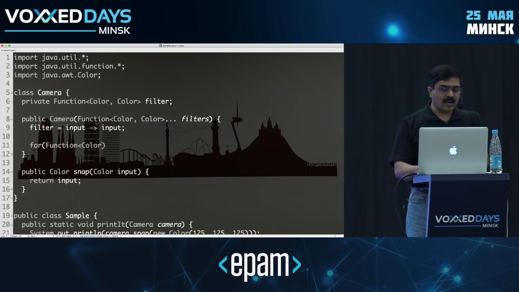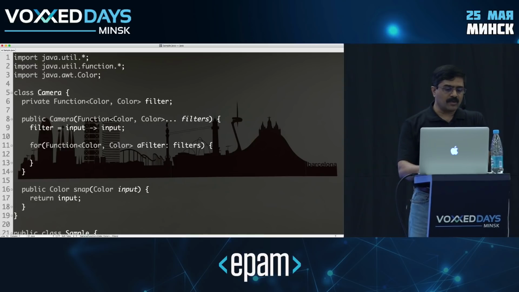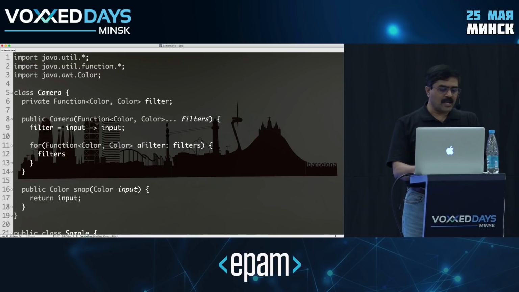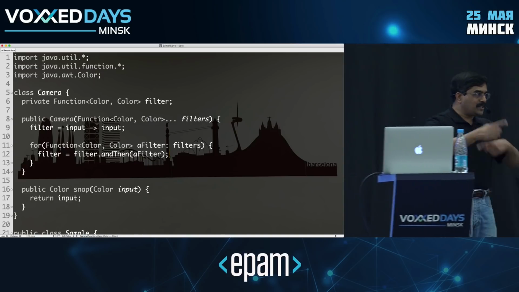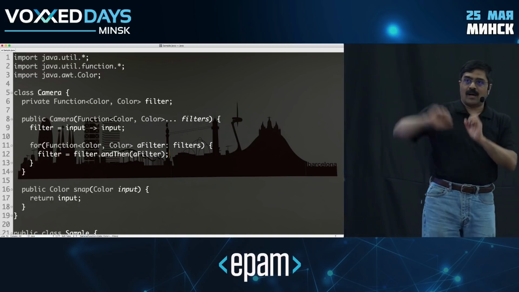Function color, color, and I'm going to say over here a filter. This comes from the filters given to us. Then I'm going to say filter is equal to, and I can say filter, and then I can simply add a filter to it. So this combines the filters given to us to form a bigger filter.